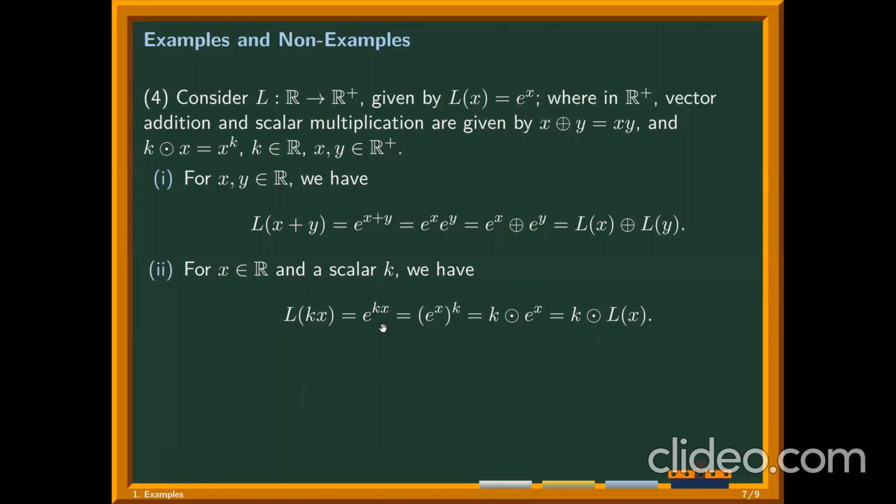But again, using the law of exponents, you can write this as the kth power of e to the x. Following the rule of scalar multiplication in R plus, the kth power of e to the x is equal to the scalar multiple of e to the x by k.